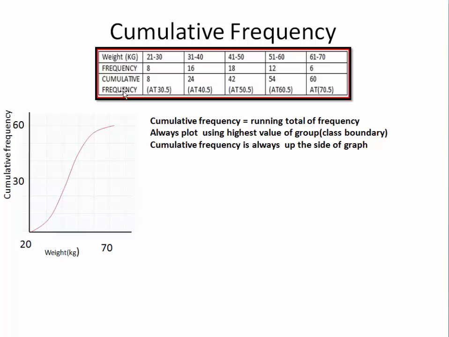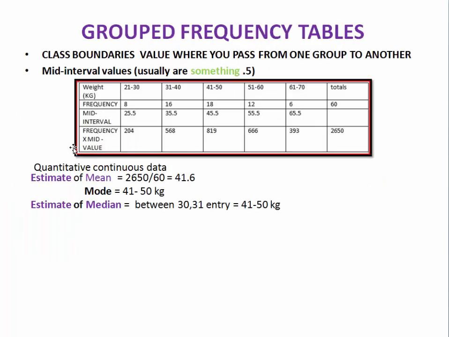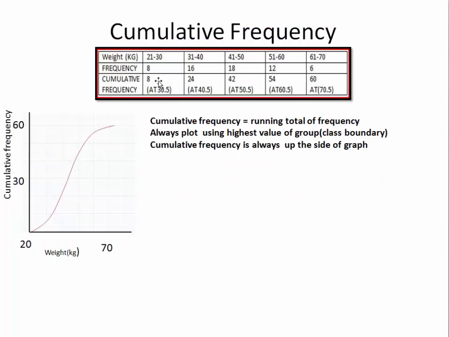And then we have our, as from the previous group, we discussed our class boundaries. So class boundaries 30.5, 40.5, 50.5, 60.5, and 70.5. Cumulative frequency is the running total of the frequency, and then we always plot the highest value of the group against the class boundary.